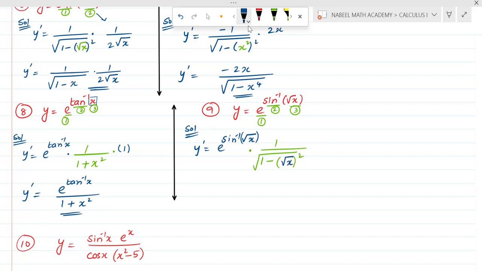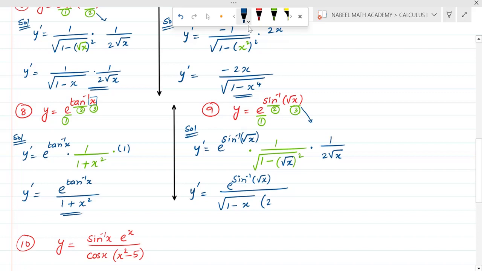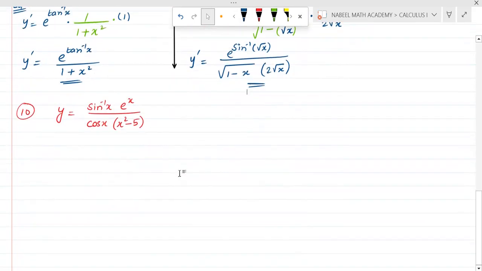That is root x, into what is the root differentiation? So 1 over 2 root x. Now if you simplify this one, you will get e to the power sine inverse root x over square root of 1 minus x, so root and square get cancelled, you will get only x. In the other part you will have 2 root x. So this is the final answer.